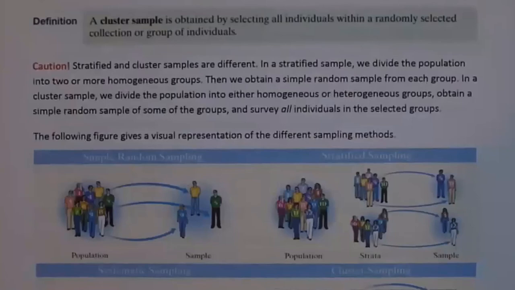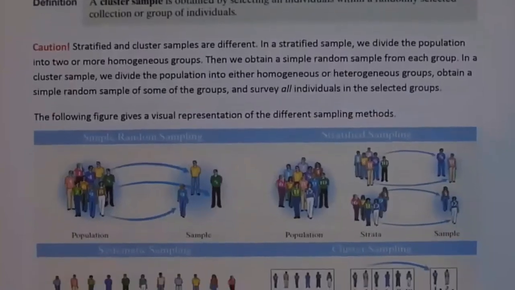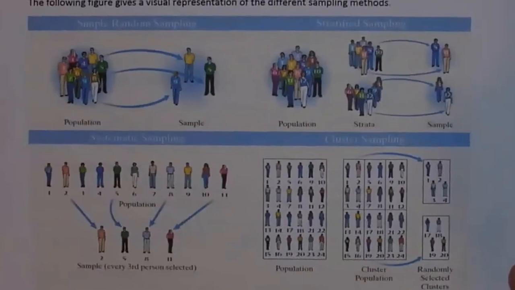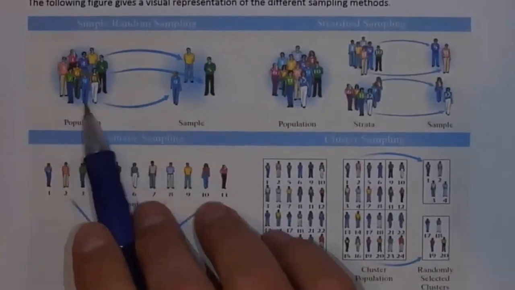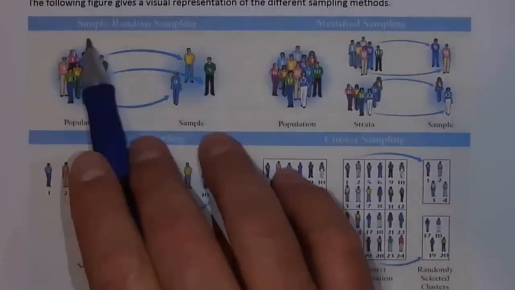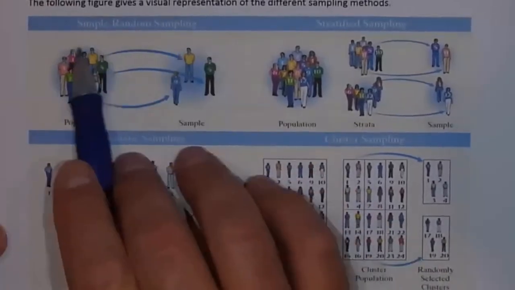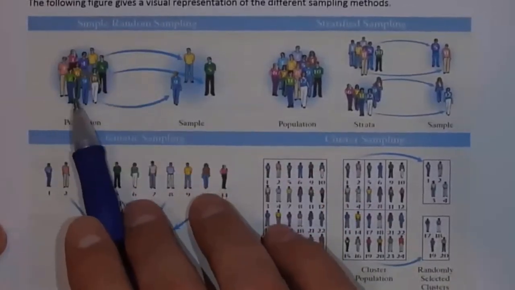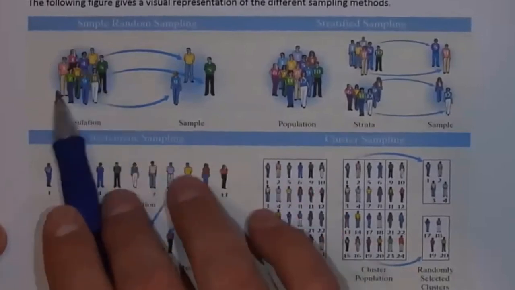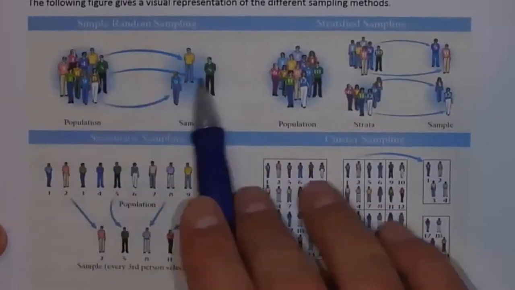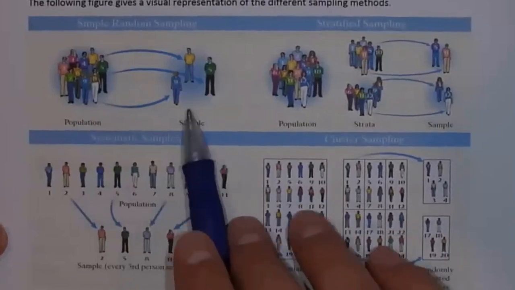The following figure gives a visual representation of the four effective sampling methods that we've talked about. So this first figure here, we have simple random sampling. We've got our population, and we have the individuals numbered, and we randomly select some of the individuals from the population.